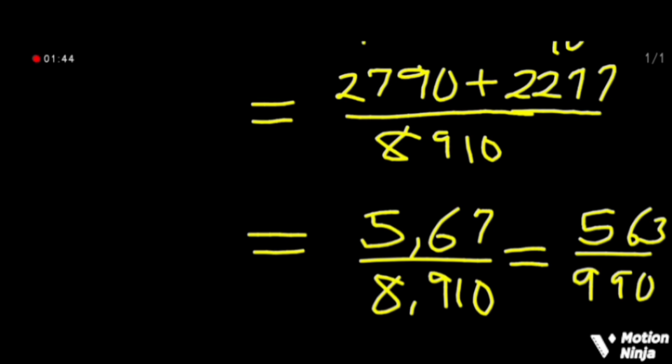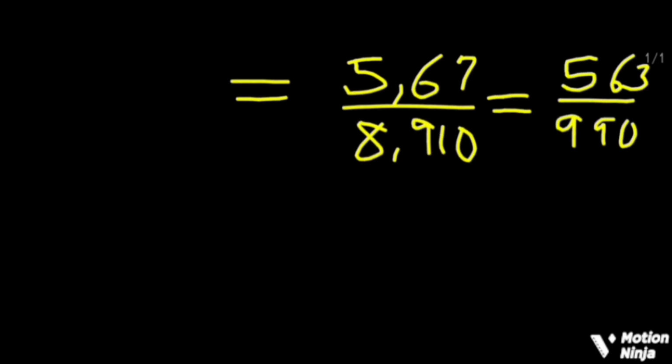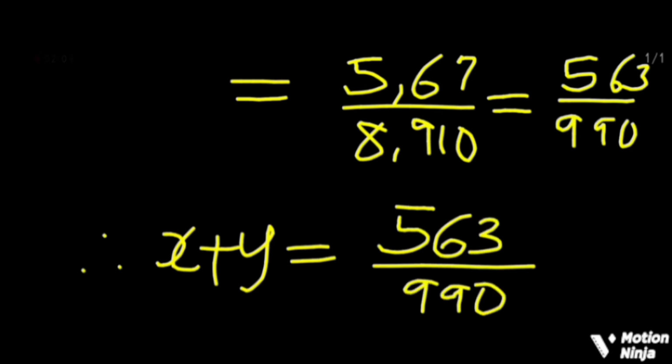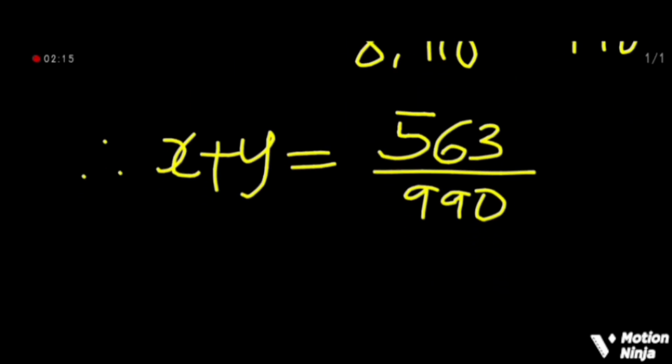The result will be equal to 563 over 990. So we're going to conclude. Therefore, x plus y will be equal to 563 over 990. This is the final answer for the first part.